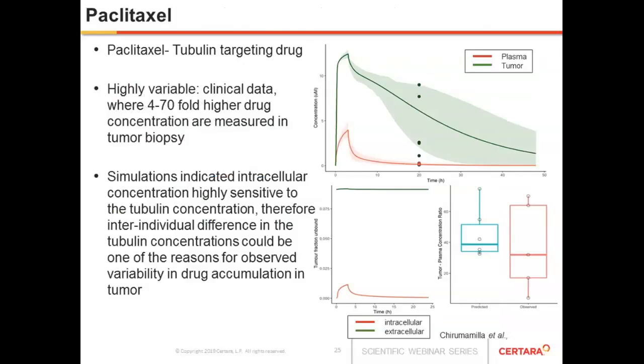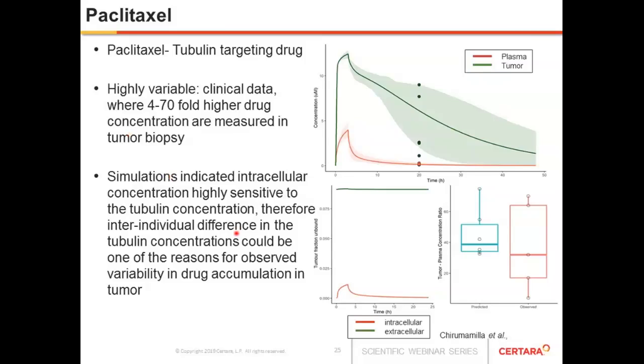So in this example here, what you can see, again, is this drug Paclitaxel. And in this case, what we're looking at is the accumulation of that drug into tumor. And you can see, based on this figure, that there is a higher concentration that's observed in the tumor versus the plasma. So something also important to consider is that there is high variability in the clinical data.